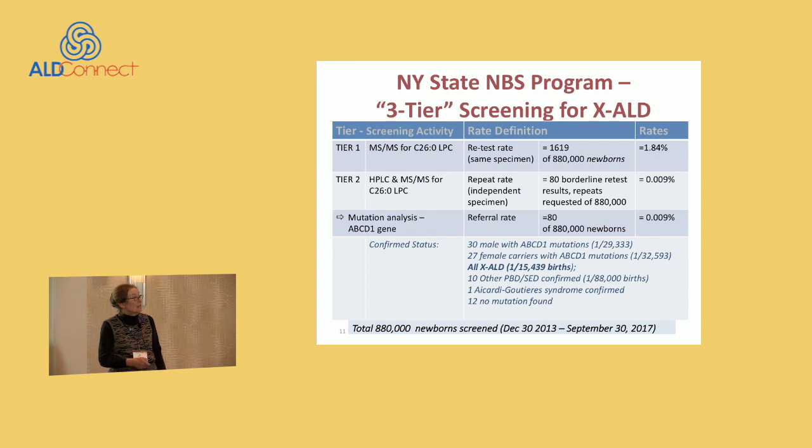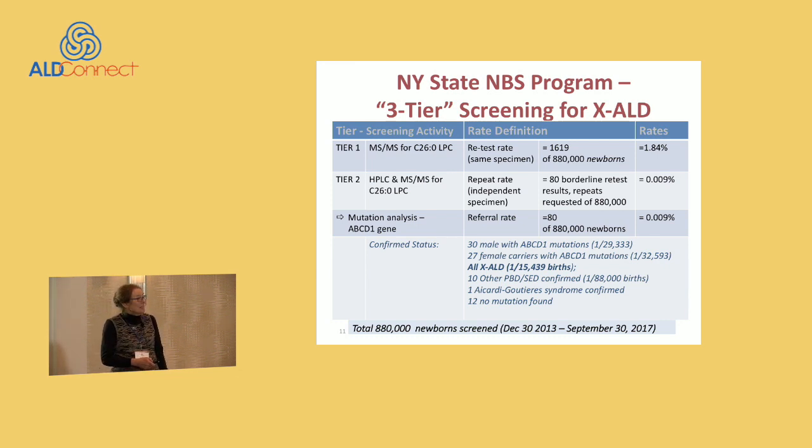So they take those 1,619, and Mark Morrissey's group does HPLC and MSMS using the marker for C26 lyso-PC, and they reduce that number to 80, which represents 0.009% of the total.